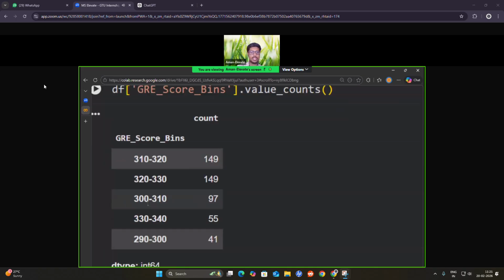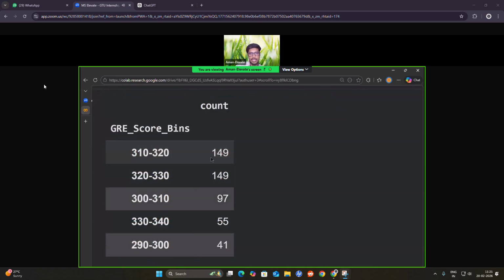Most of the people belong to high GRE score bins, between 310 to 330. Almost 300 people approximately belong to this 20-number group.